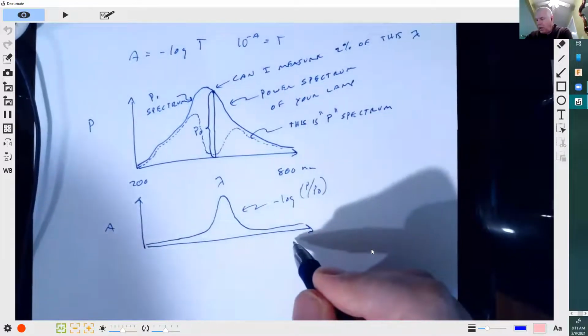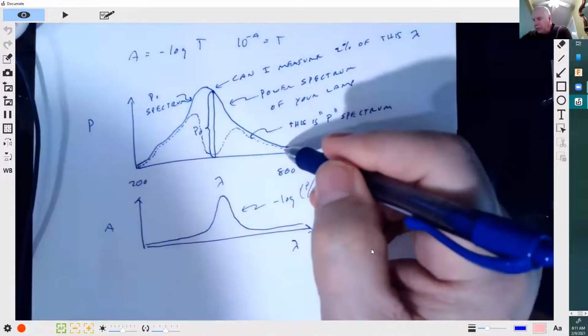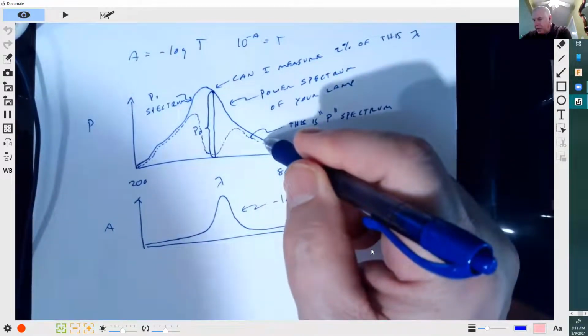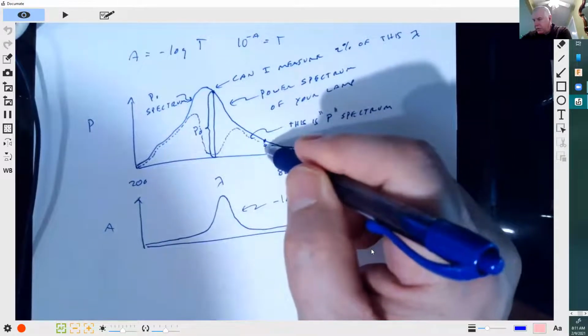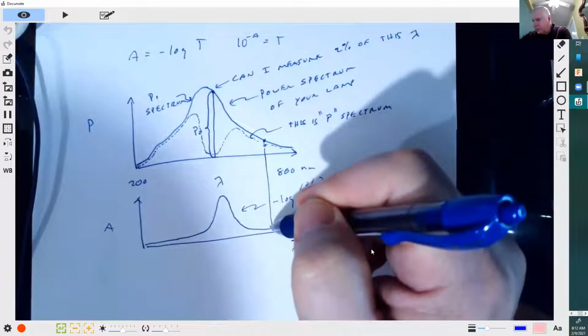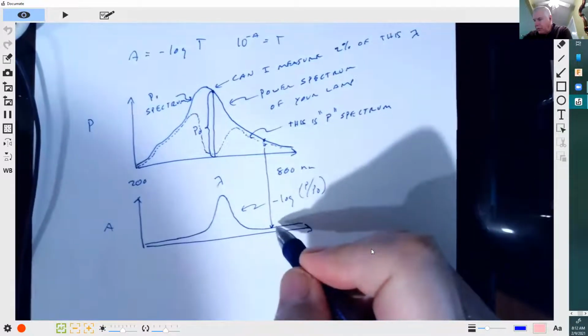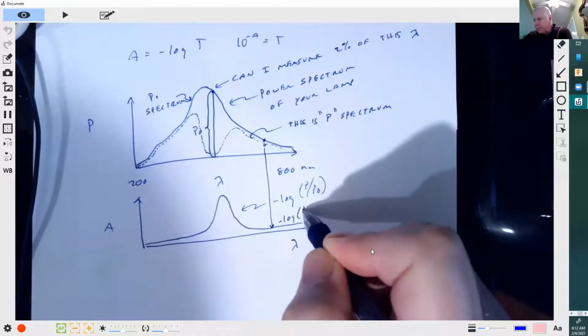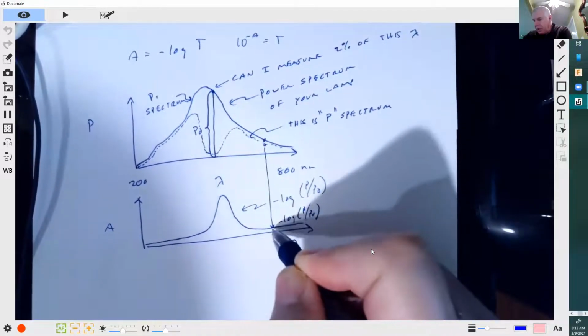All I've done is that at every wavelength, I've taken these two values, computed the negative log, and plotted it there.